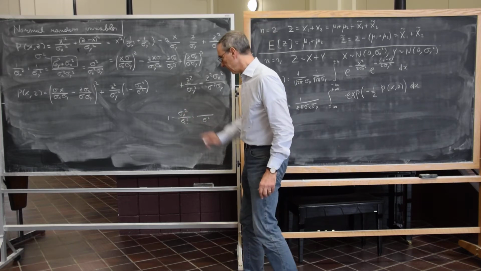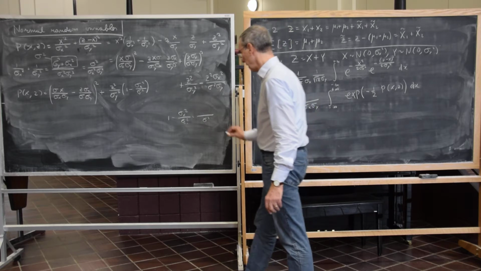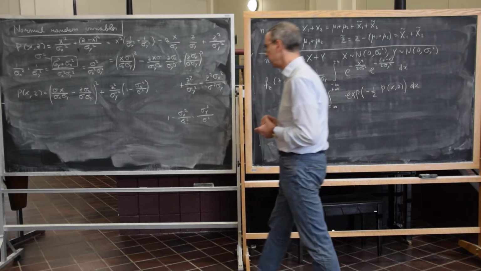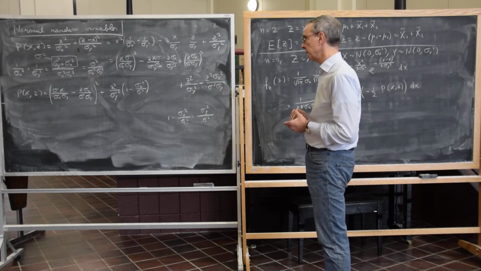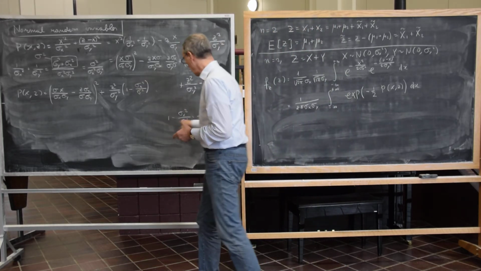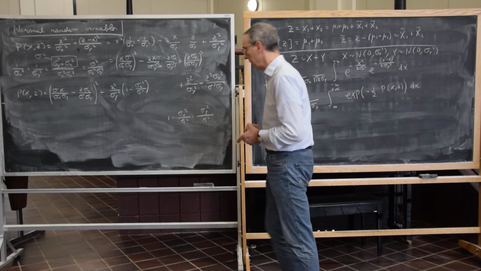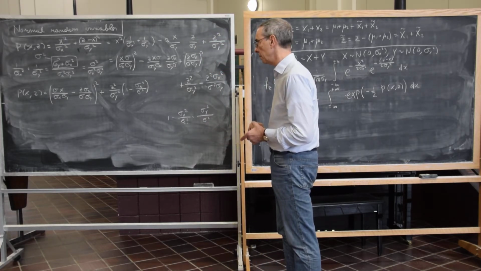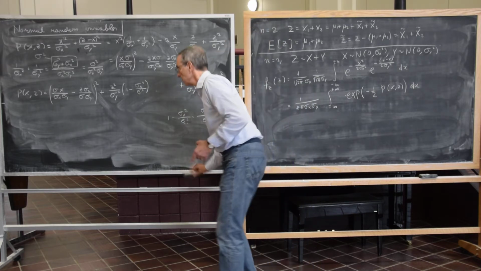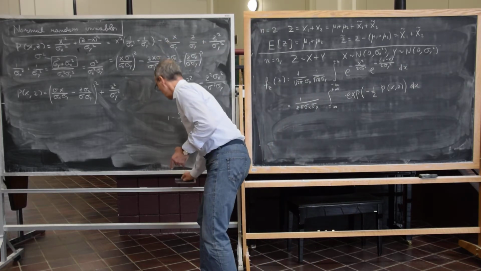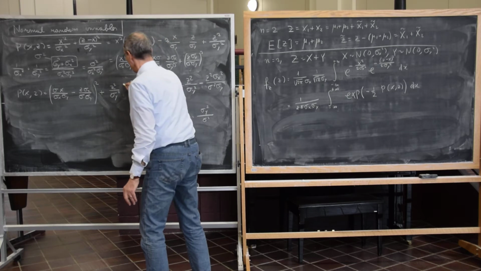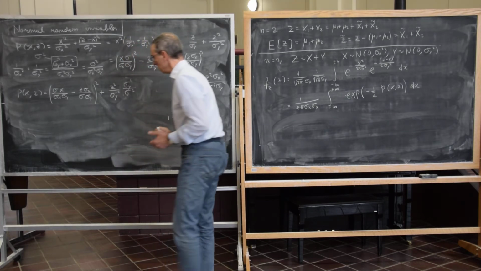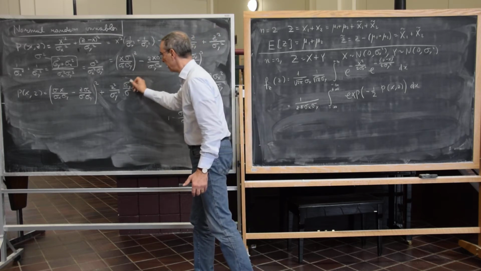If you subtract the sigma x squared, this becomes sigma y squared. So this whole piece becomes sigma y squared divided by sigma squared. Can I do that? And this can be simplified further.